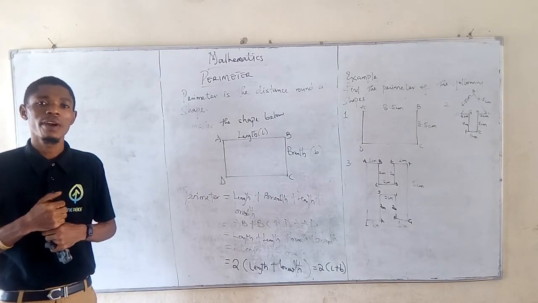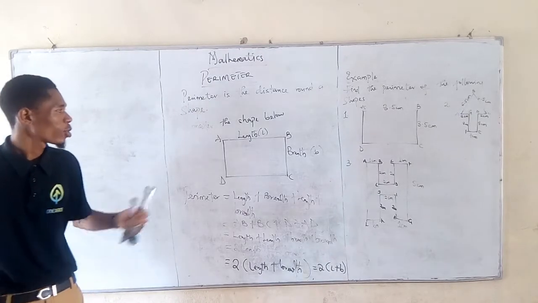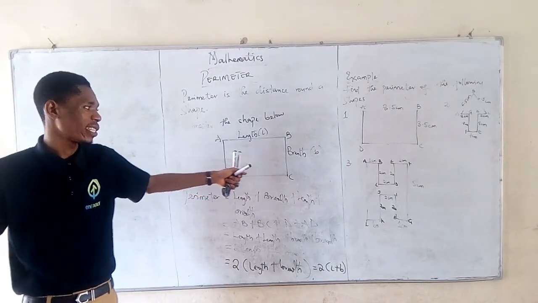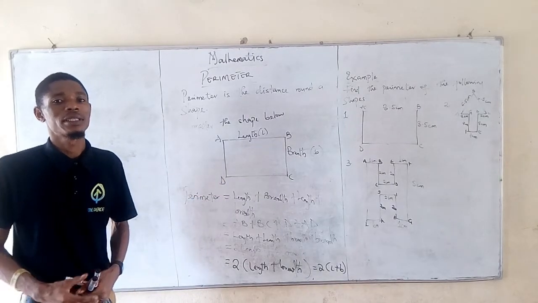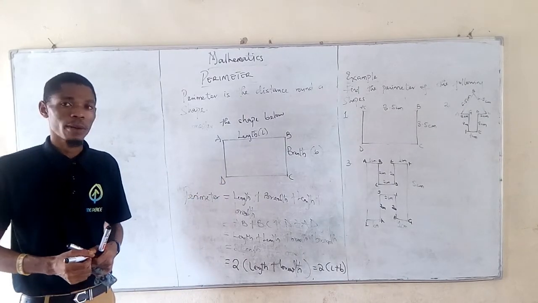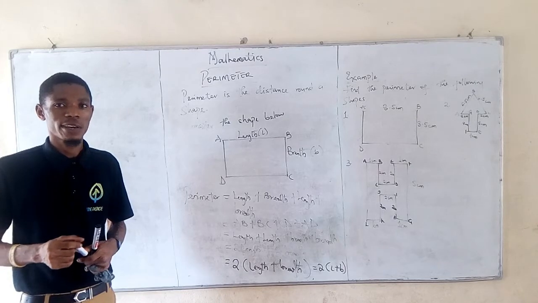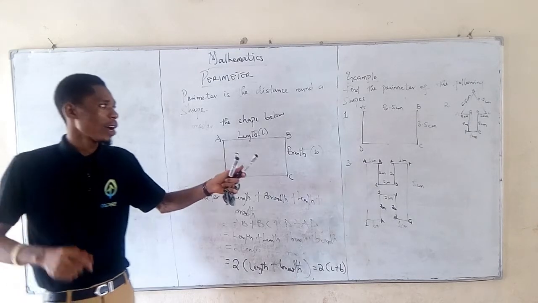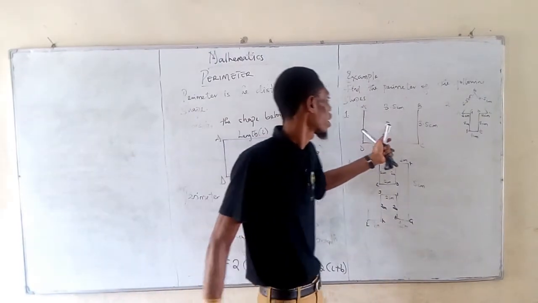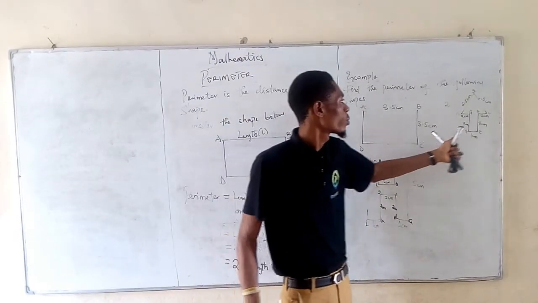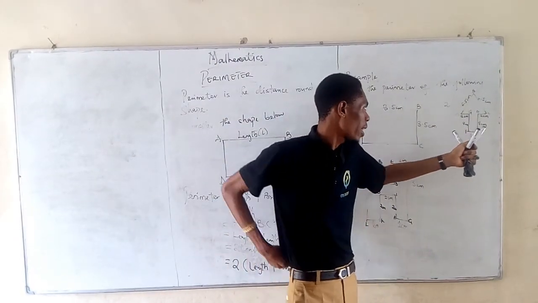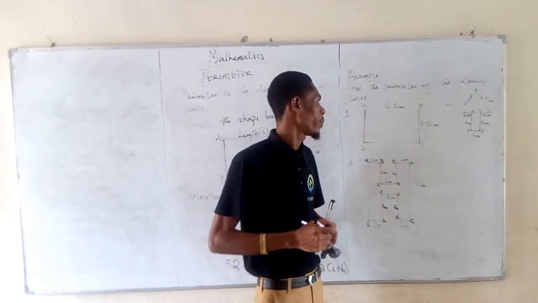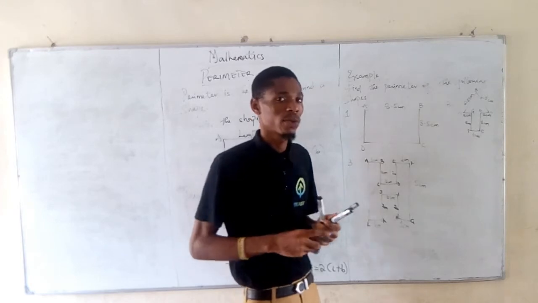And note, perimeter of any shape is just the sum total of all the sides, or the distance around the shape. We're going to try some examples so you see how to calculate perimeters of shapes. We have 3 examples here to look at: a rectangle, one that looks more like an arrow, and an H. So let's calculate the perimeters of these shapes and see what we get, okay?